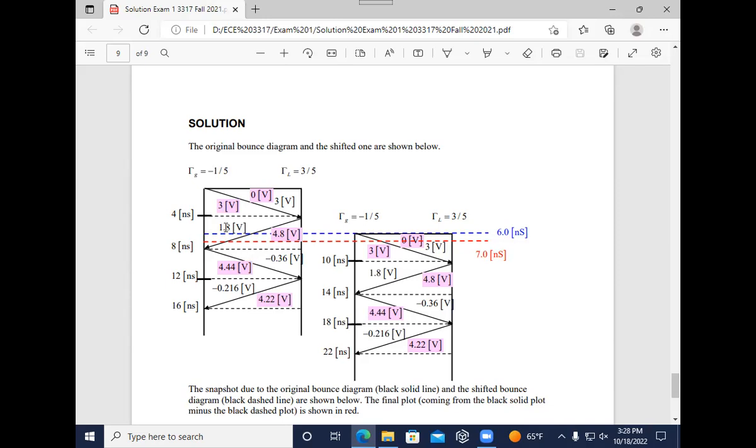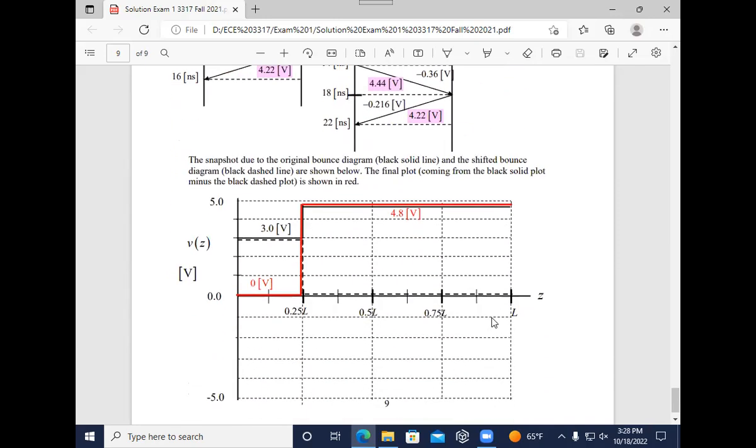So this one is jumping here from, sorry, this ring, the purple region is 3. So it's jumping from 3 to 4.8. And then this one is jumping from 3 to 0. So one jumps from 3 to 4.8, and the dashed one jumps from 3 to 0.